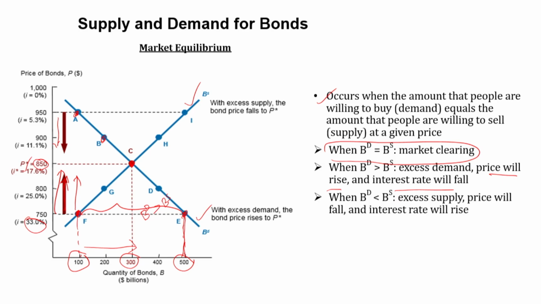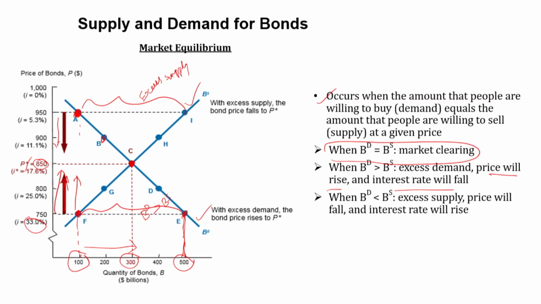Similarly, in contrast, when the bond demand is less than bond supply, at point A, you can see that this much is the excess supply of bonds in this market. Bond demand is only 100, while bond supply is 500.